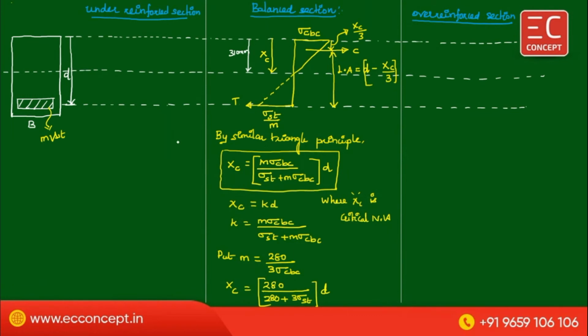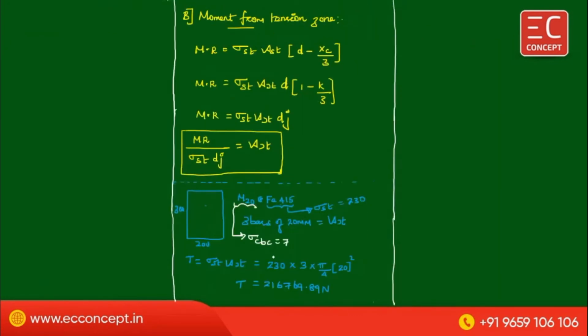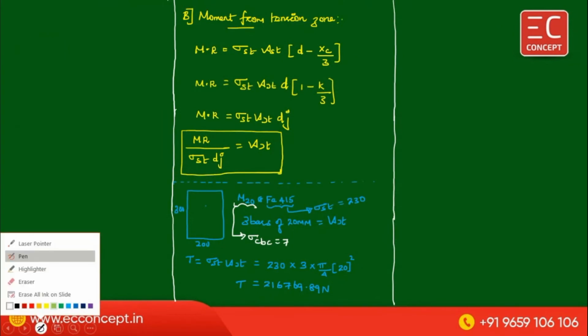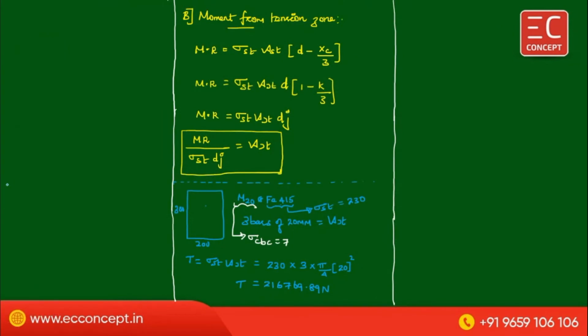Now the same example, keeping all others constant, if you reduce the steel area, then steel fails first. In the balanced section, steel and concrete fail simultaneously.